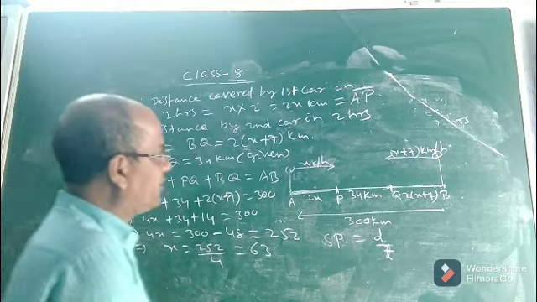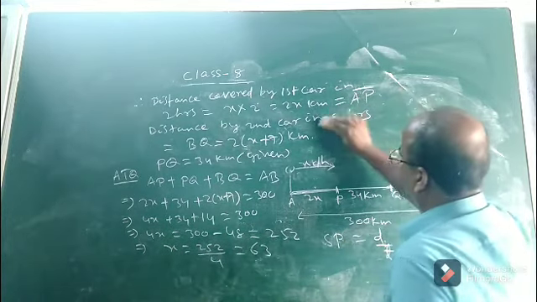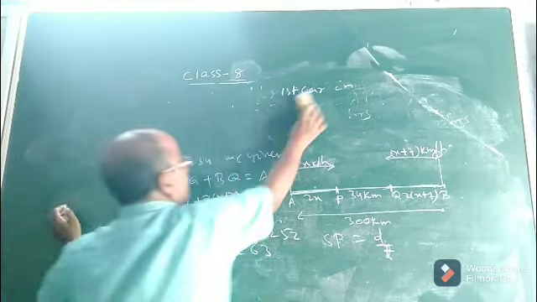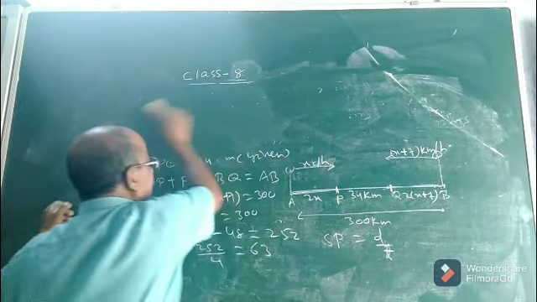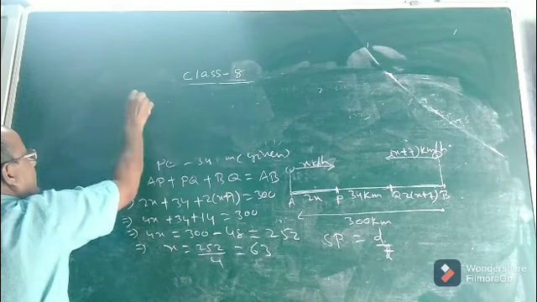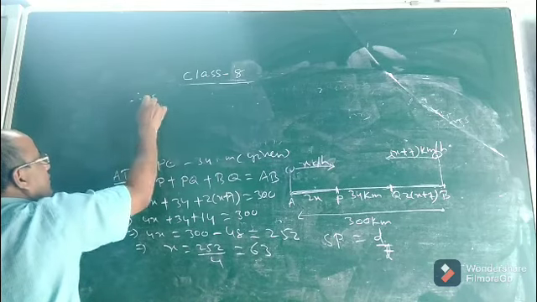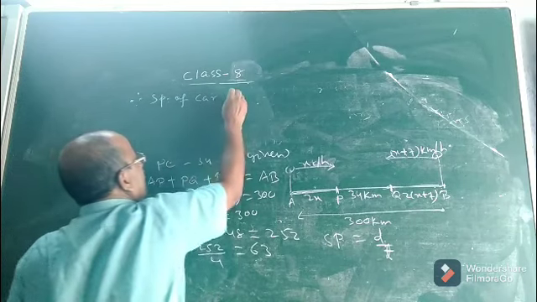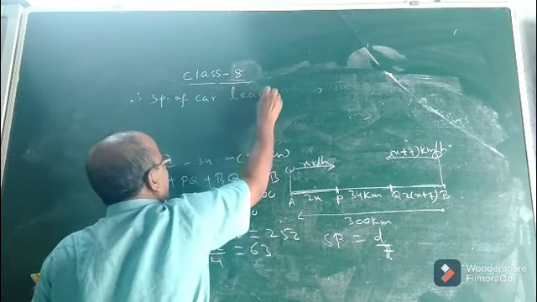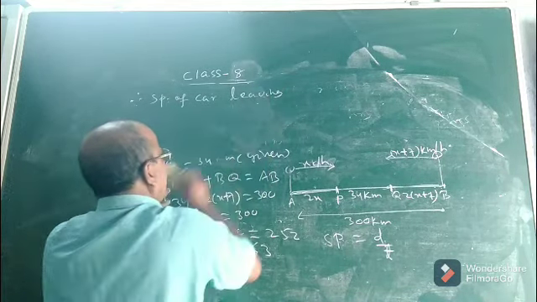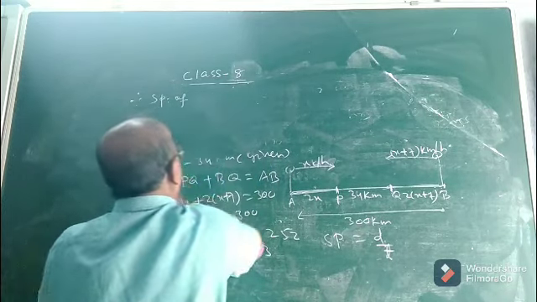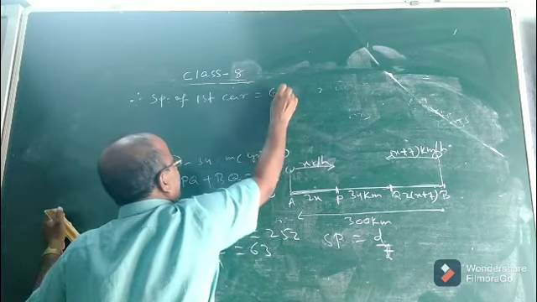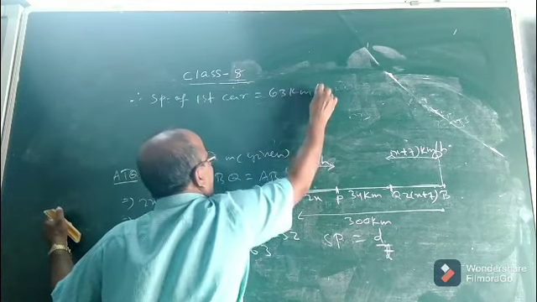That means the speed of the car leaving town A is 63 km per hour. Therefore, the speed of the first car is 63 km per hour.